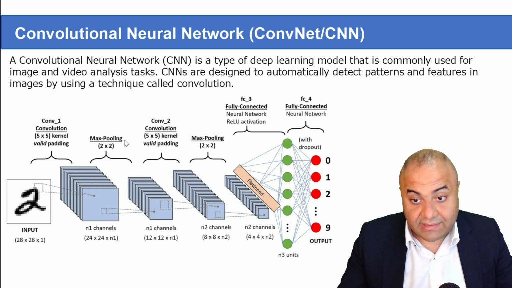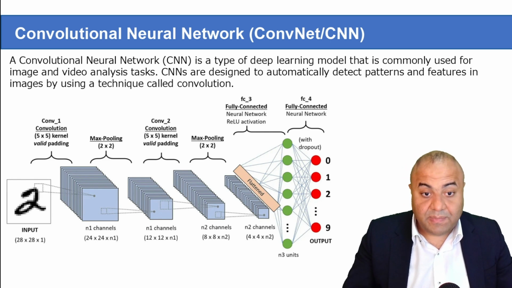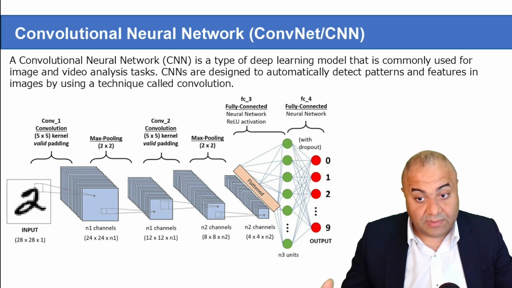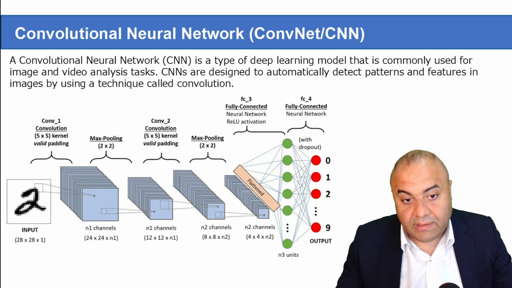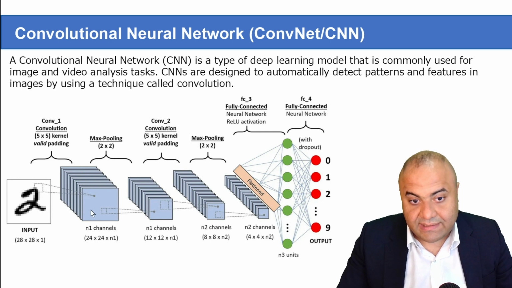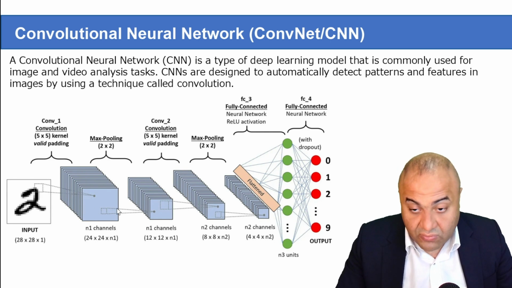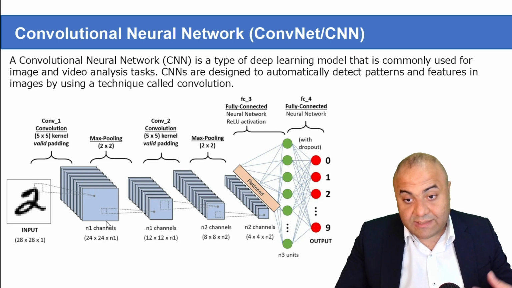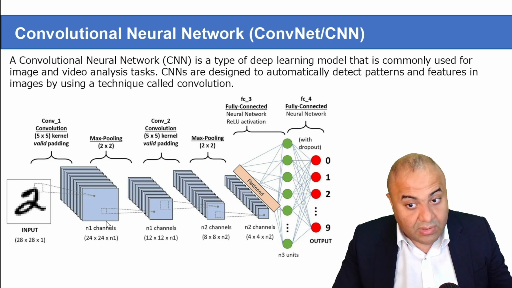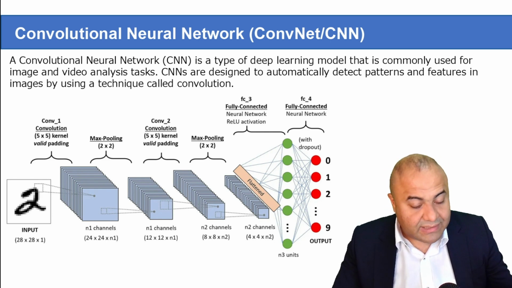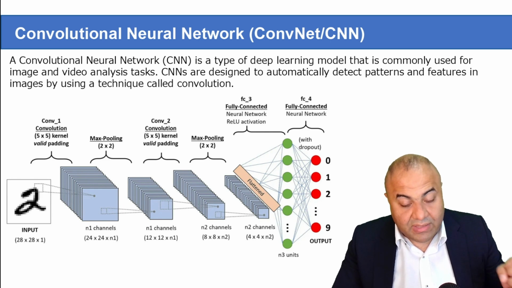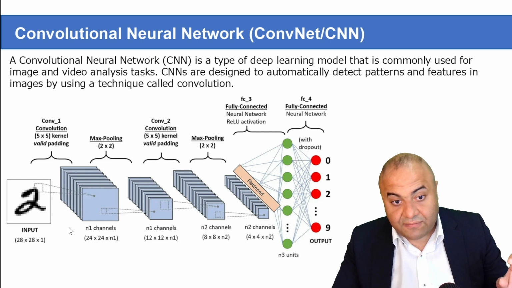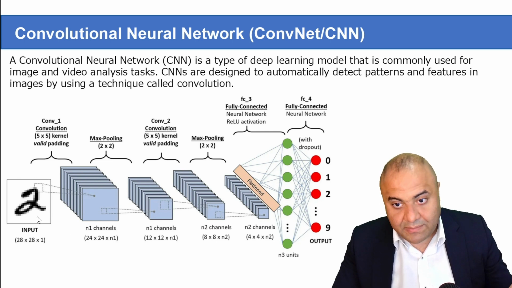The way we extract this information is by having different layers, because it is at the end a deep neural network, in which we start by extracting some information using convolution. And convolution we will explain in more detail later. In short, it's simply a method to extract some features from that input image.